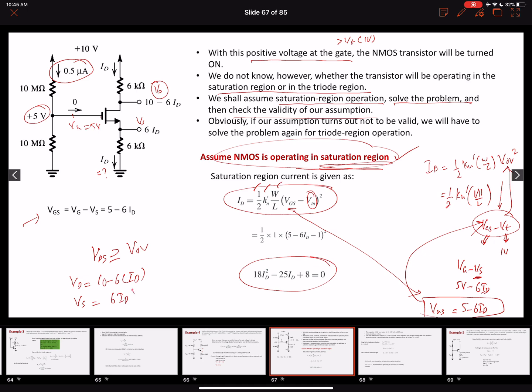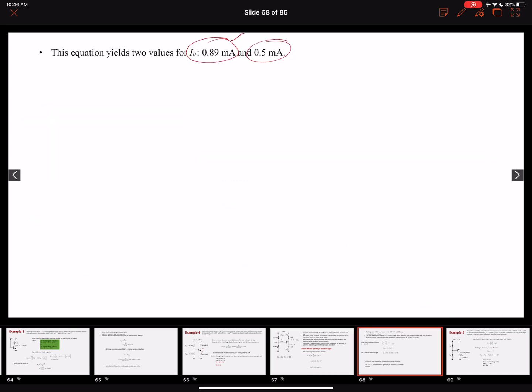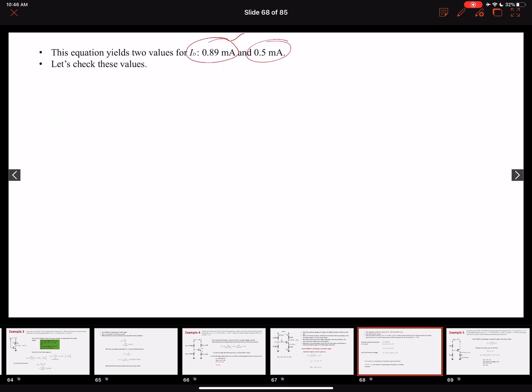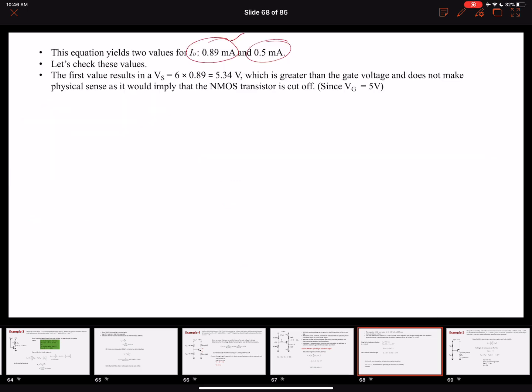So what we are going to do is put down the values of both of these roots, 0.89 and the other one, 0.5 milliamperes, find the values of the drain and source voltages, and then compare them. Okay, so let's take this value. When we use 0.89 milliamperes and find the value of the source voltage, it comes out to be 5.3 volts, right?